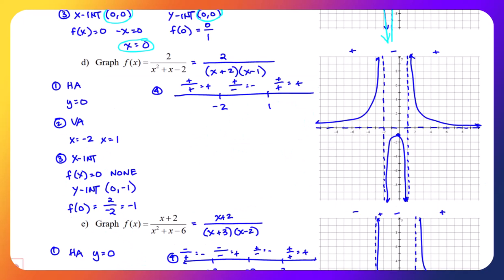Okay, so for D, it's bottom heavy, so the horizontal asymptote is 0, the x-axis. Okay. I can factor the denominator. Nothing reduces out. So the vertical asymptotes, when the denominator is 0, are x equals -2 and x equals 1.